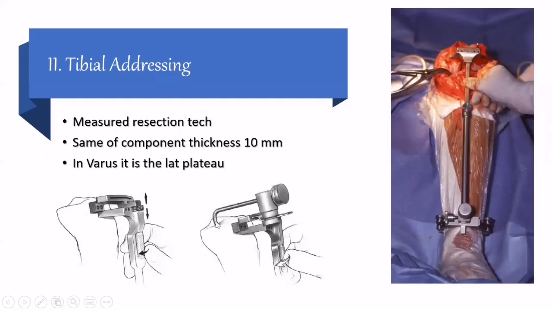So if you have this one, you can put the stylus on the medial and you see it is only 2 millimeter or 0 millimeters. So in cases of more than 20 or 13 millimeters, it will be removed. In these cases, some of the defects may occur and may need either cementing or augmentation according to the defect.